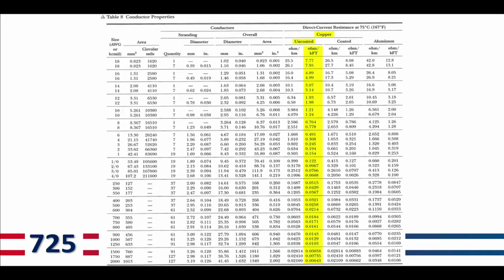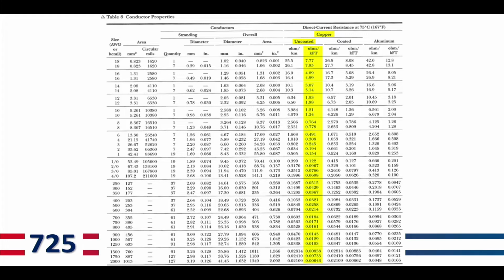And the reason why there's a dash when it hits 250 is because the name of it tells you exactly how many circular mills there are, right? So a 250 kcmil, that K means 1,000, so that's 250,000 circular mills. You'll notice here on this 18 gauge conductor, the 16 gauge conductor, there's actually two different resistances.